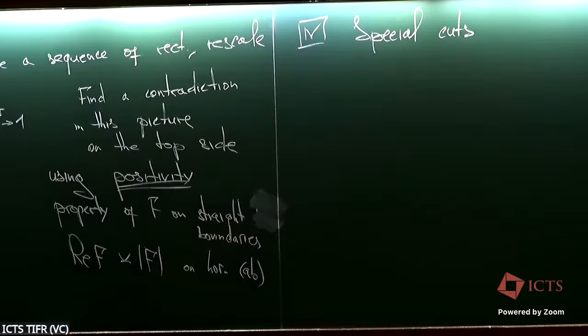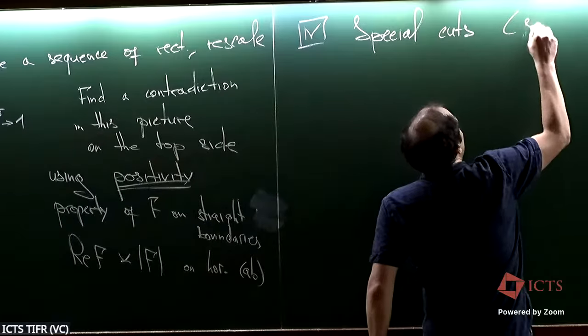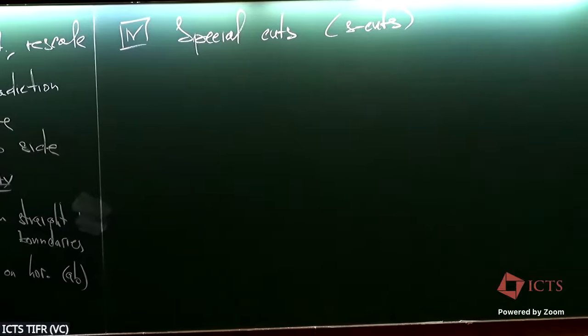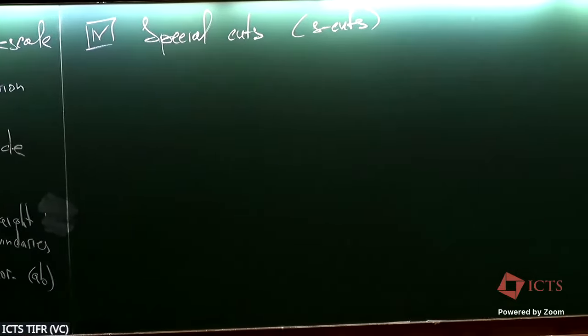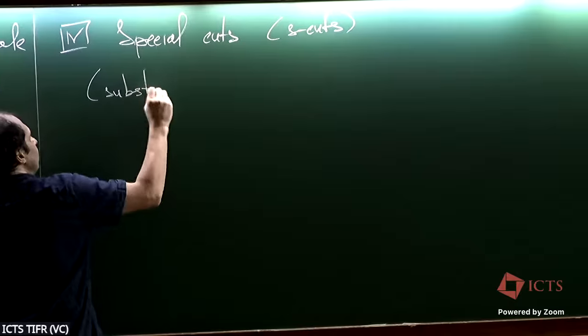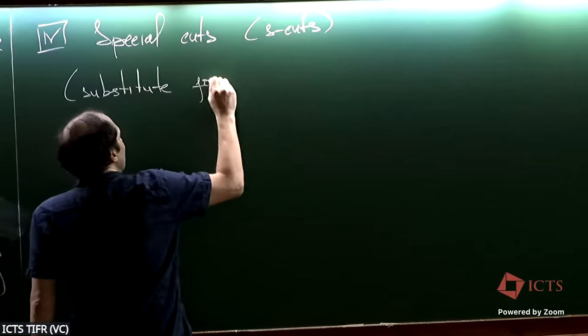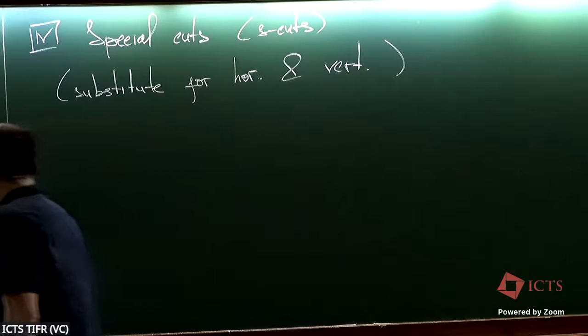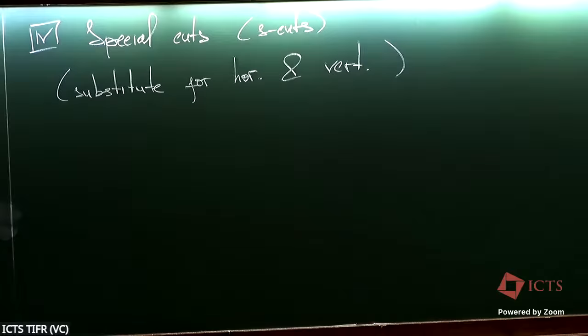Okay, so now what I'm saying is that there is a replacement of this notion. In the story of S-embeddings, there is a substitute of the notion of straight cuts, and it appeared already in the first paper on S-embeddings like 5 years ago. So what is the substitute? The substitute for horizontal and vertical is defined geometrically.